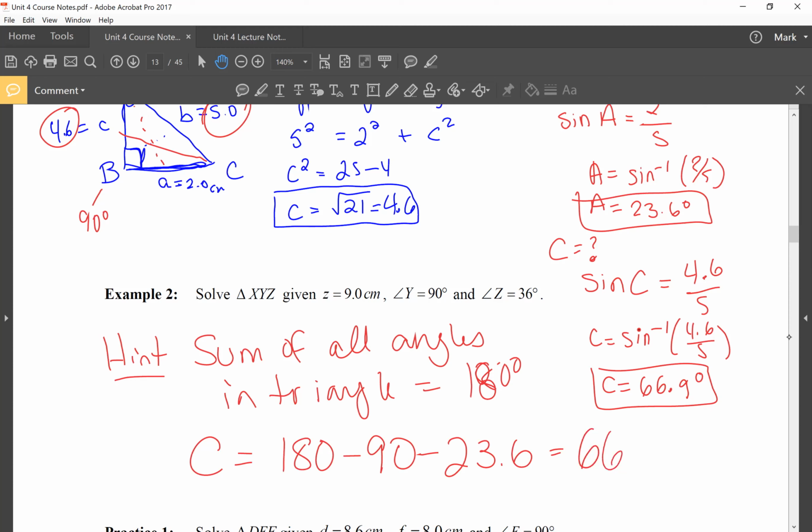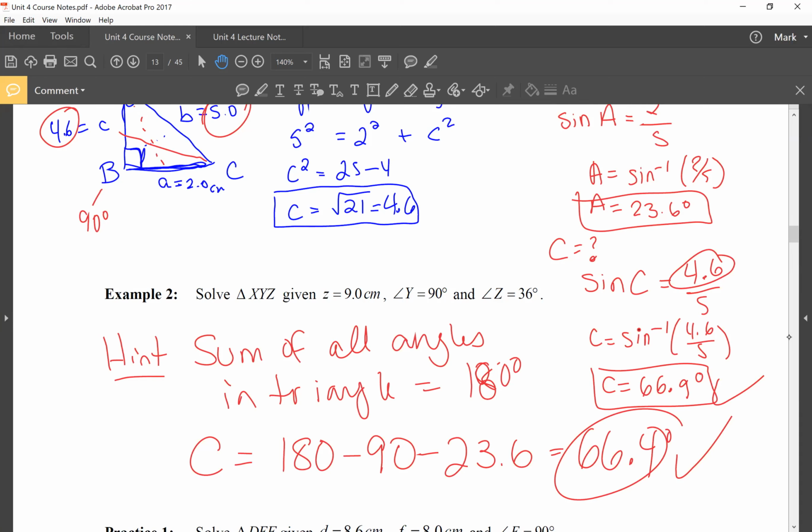The reason the answer is going to be slightly different is because of rounding. So this is 66.4 degrees. Same thing. Well, it's not exactly the same, but the reason they're different is because I rounded 4.6. But because of the rounding error, it doesn't matter. These are both acceptable answers. So very good tip.